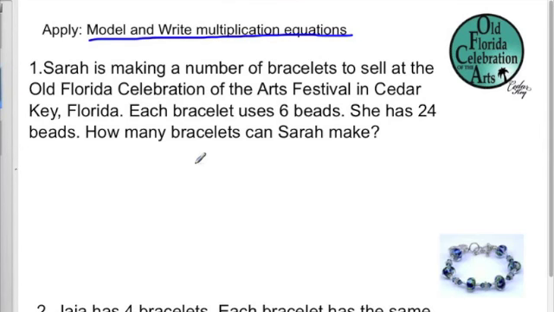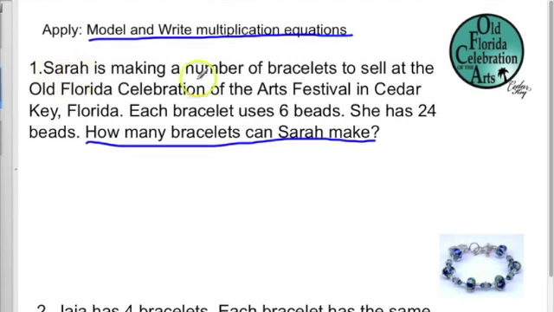Some of this stuff we do not need. So we're going to eliminate what we don't need and keep what we need. Now, what is this problem asking us to do? What is the question asking us to find out? We want to find out how many bracelets Sarah can make. What information within this word problem helps me solve for how many bracelets she can make? So that's what I'm going to focus on.